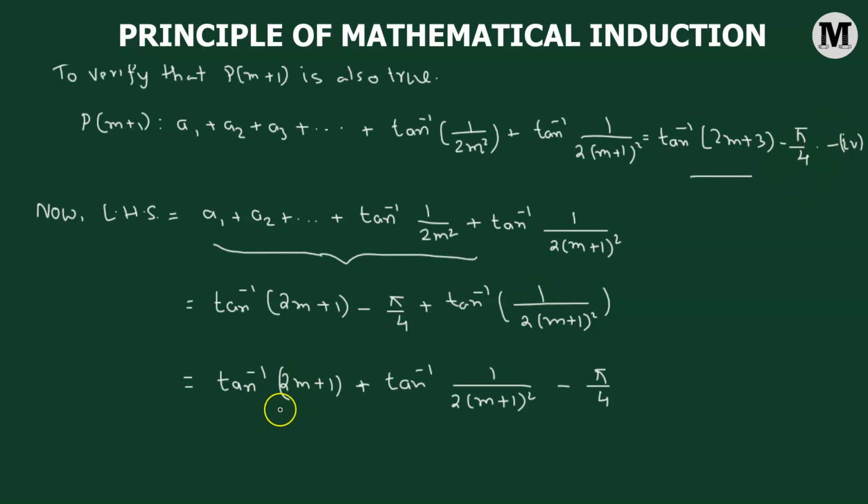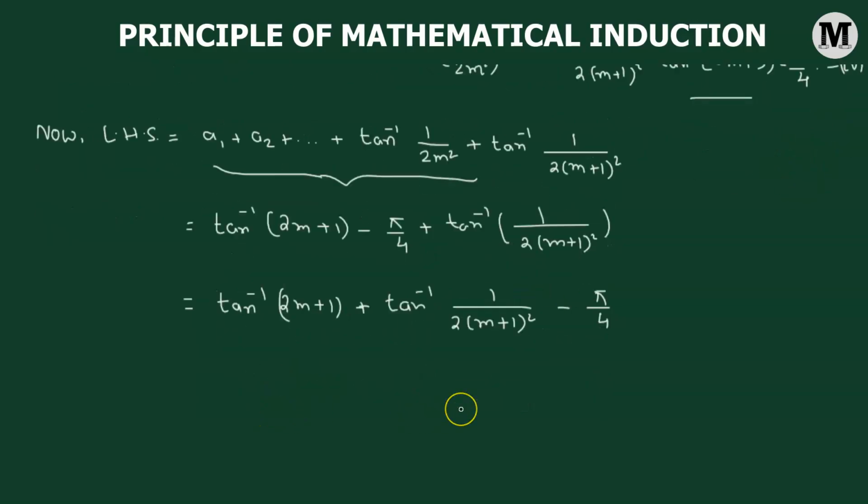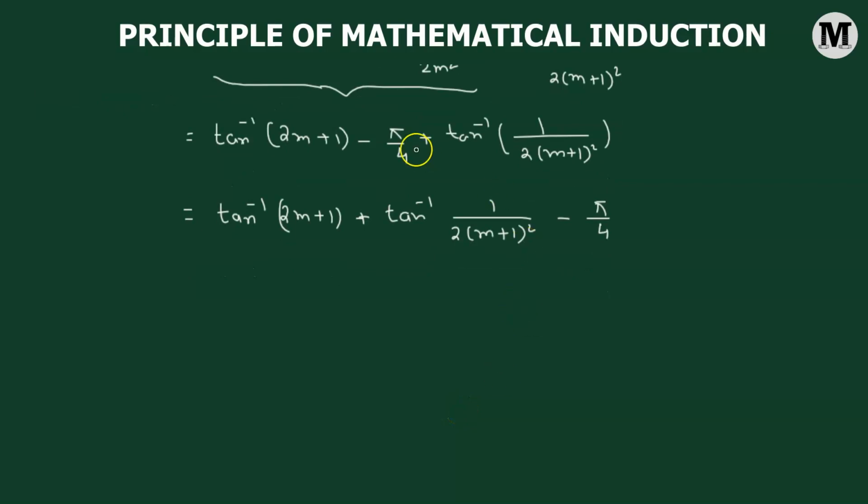So all we have to do is combine the first term and the third term. Now how do we combine them? Here again we are going to use the formula. Earlier we had tangent inverse of x minus tangent inverse of y, but this time we have tangent inverse of x added to tangent inverse of y. The sum is going to be equal to the tangent inverse of (x plus y) divided by (1 minus xy).